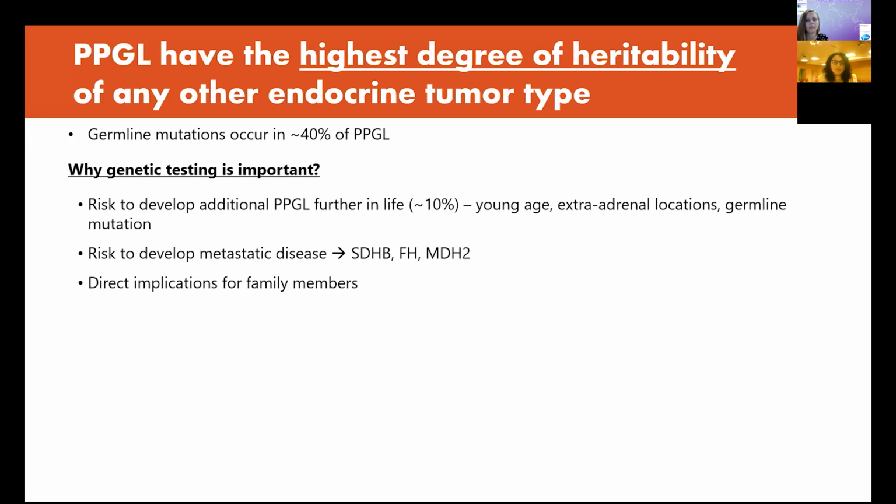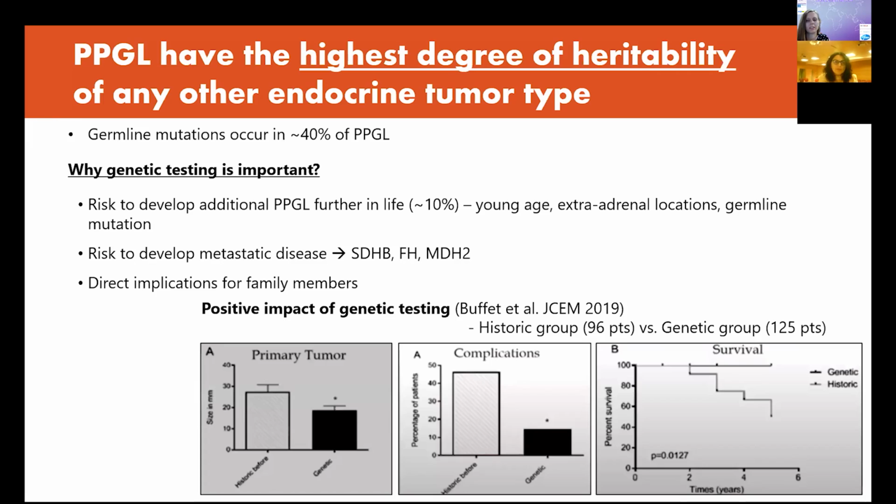And I want to show you here the recent publication about the positive impact of genetic testing. This group looked at the historic group of patients with PPGL that weren't genetically tested, versus patients that were diagnosed through genetic testing.